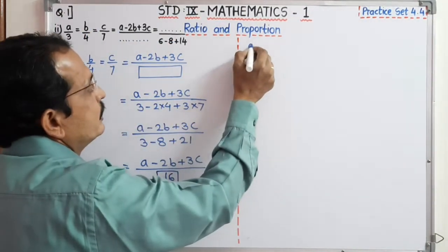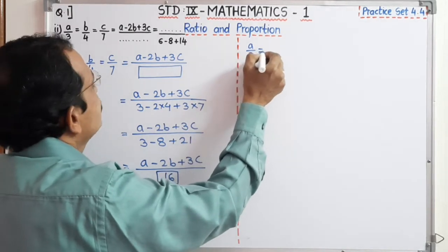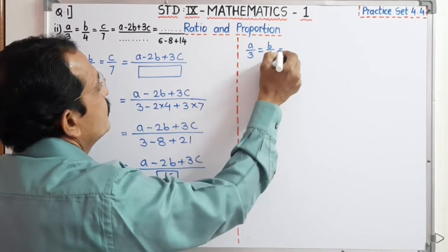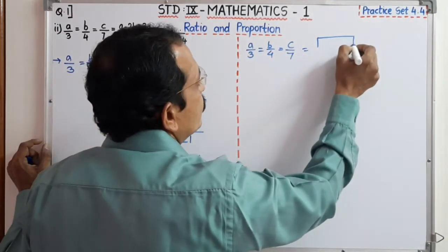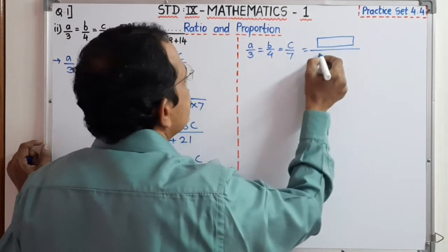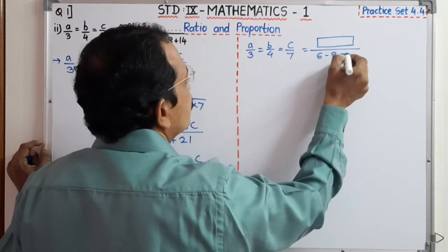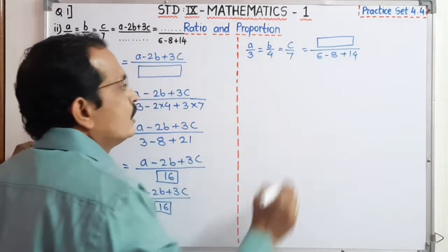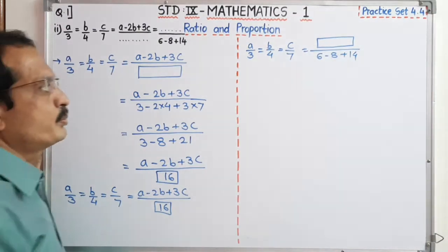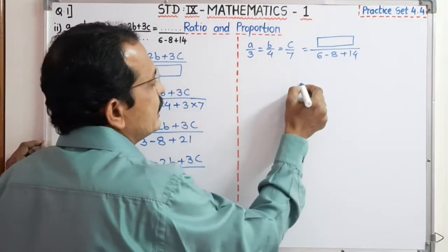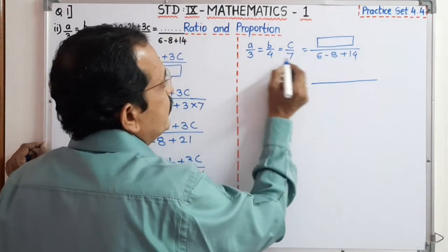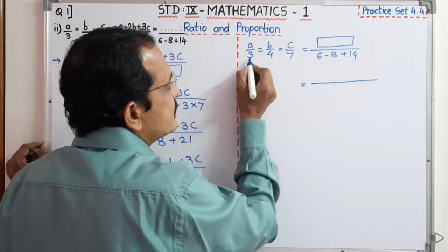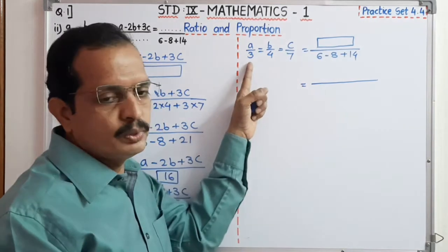What is given? If a upon 3 is equal to b upon 4 is equal to c upon 7 is equal to, here we have to write, and what is given? 6 minus 8 plus 14. Now dear student, observe this carefully. This a upon 3, see, a upon 3, here it is 6, that means this 3 is multiplied with 2.